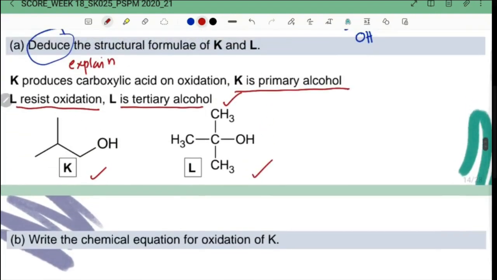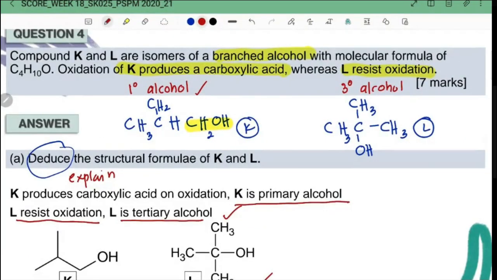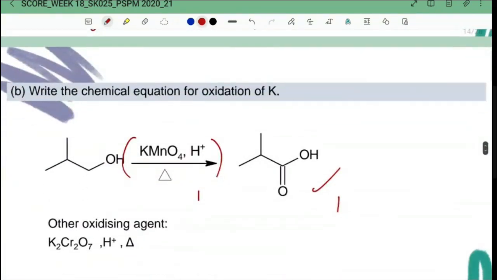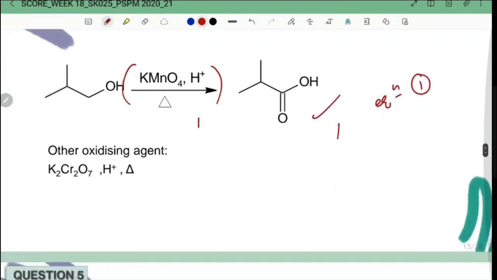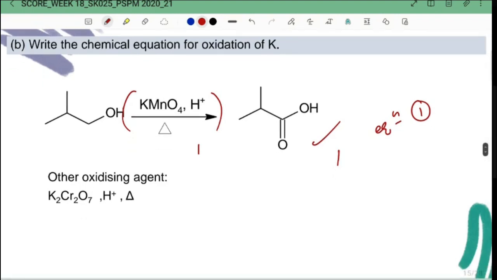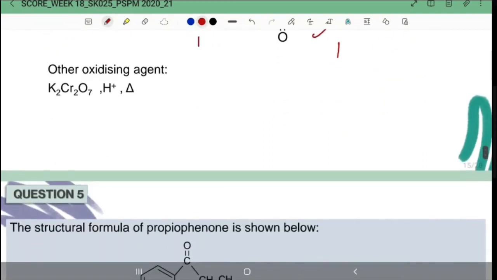We have 5 marks here, so 6, 7. 1, 2, 3, 4. Okay, the product, and then the overall equation 1. Usually the allocation is roughly like that. I am not saying exactly, but every year for questions like this, the mark allocation is usually the same. It depends on the marks provided for that question.